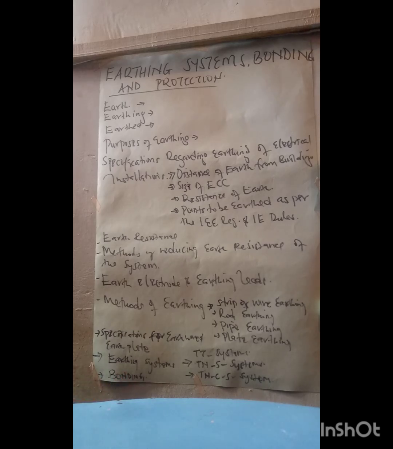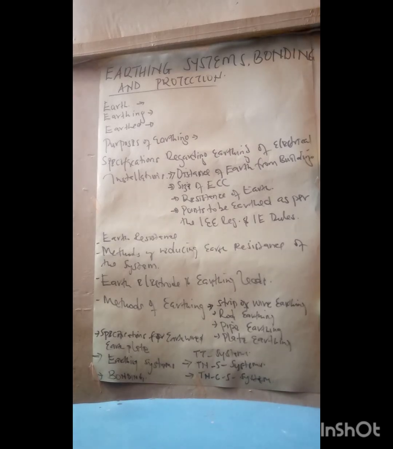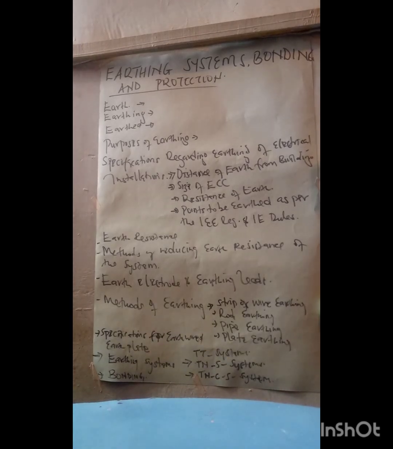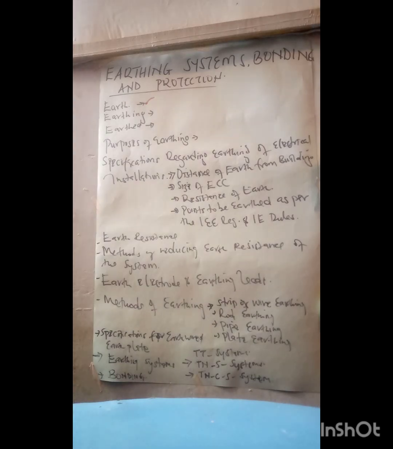So that is what is in our fifth topic, and I shall start with the definition of the term earth. So earth can be defined as a thin layer of material which covers our planet, be it rock, clay, chalk, or whatever.